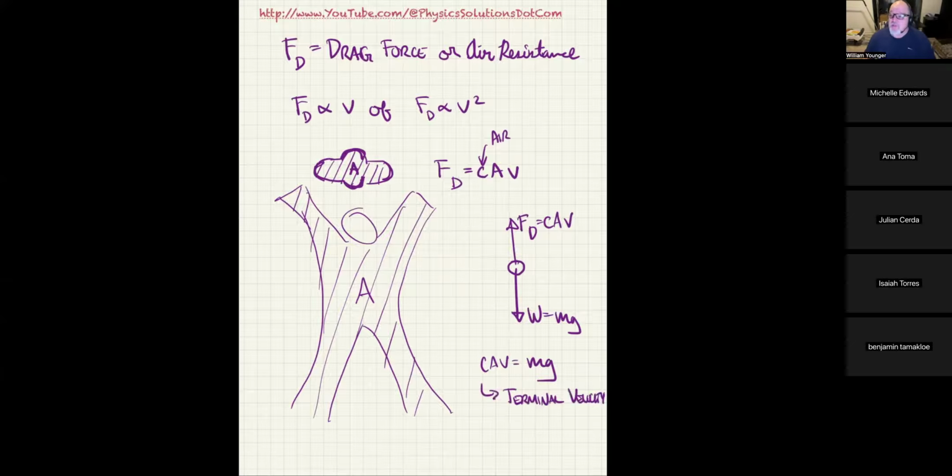Okay? Terminal velocity occurs when the weight, which is the force pulling you down, is equal in magnitude to the drag force that's slowing you down.